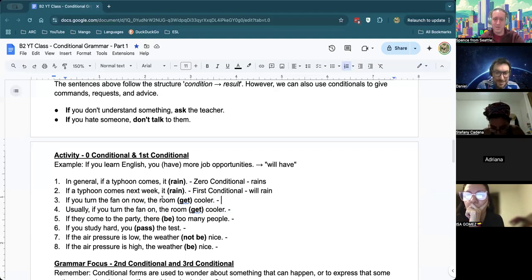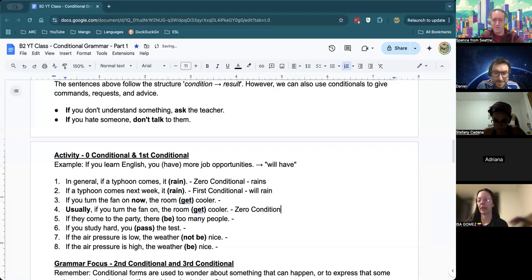If you turn the fan on now, the room gets cooler. So the contrast is with number 4, usually. Usually that's zero conditional, so it'd be "room gets cooler."